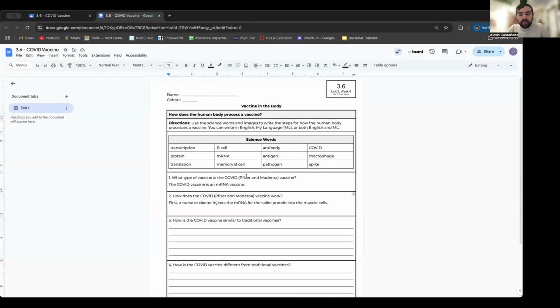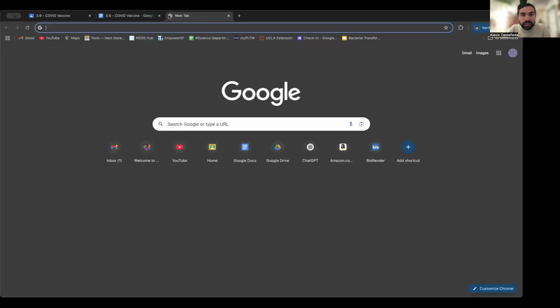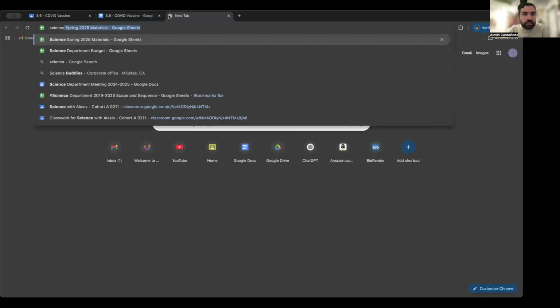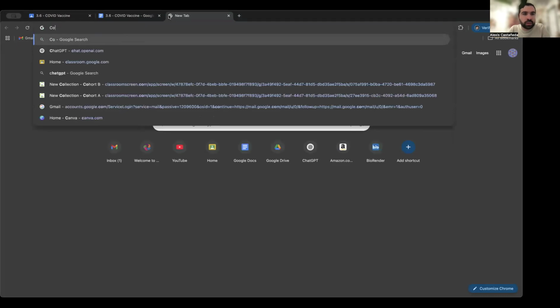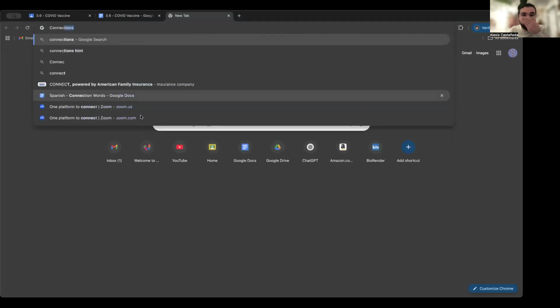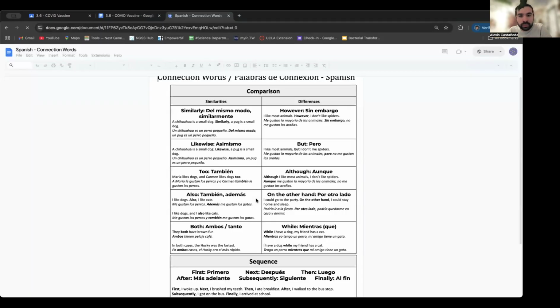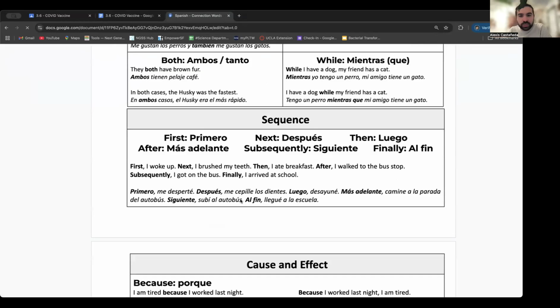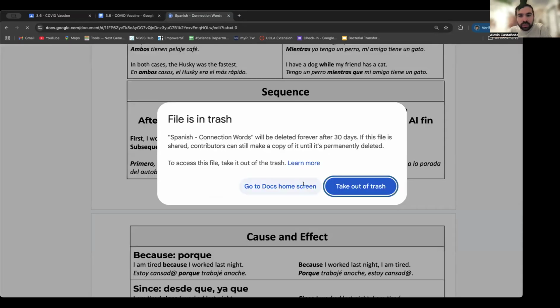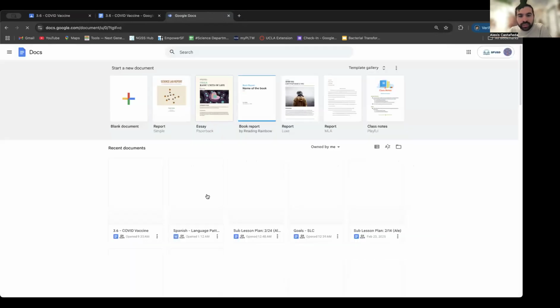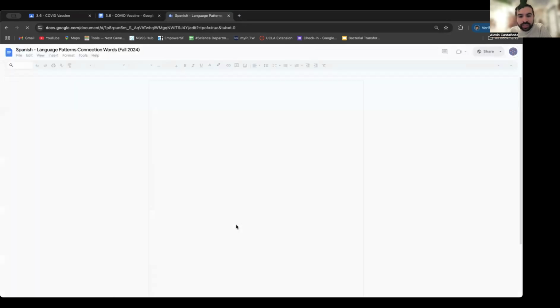And also we can actually use our sequence words. So if we go to our science connection words, we can use our sequence words from here. So first, next, subsequently, right? We can use these words to help guide us.